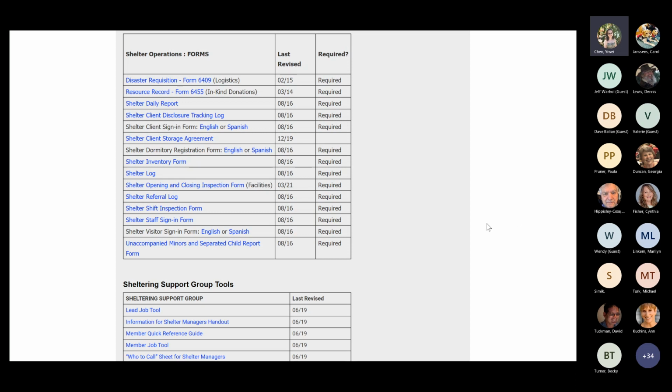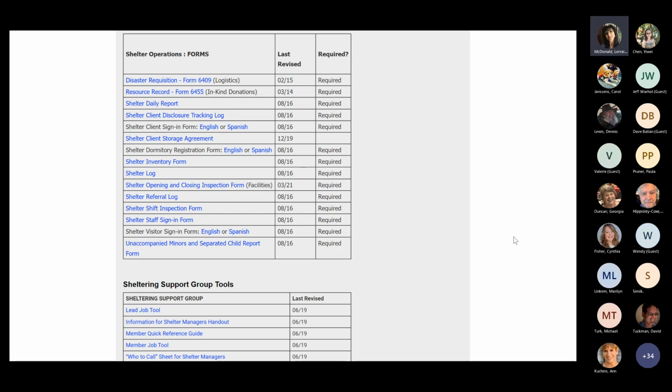Lorraine, you had your hand up. Yes, can you just real briefly explain the difference between the shelter daily report and the shelter log? Yes. So the shelter log is where you're just recording anything that happens in the shelter.